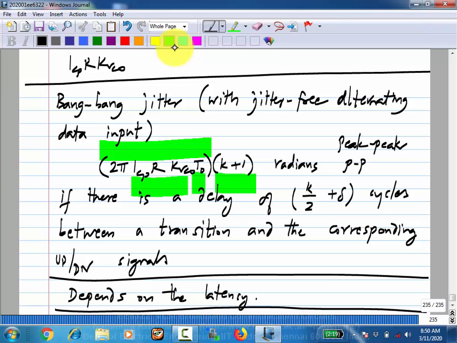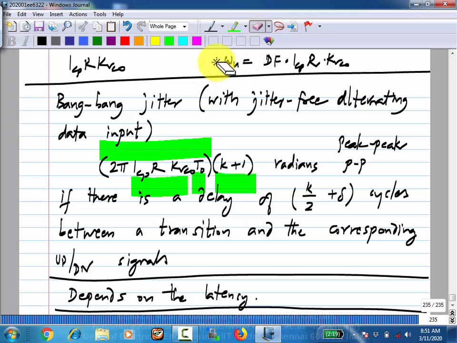Bandwidth. What is omega U? Density factor times ICP or KVCO. That's all, right? You have 2 pi KVCO cancelling with a linear phase detector.